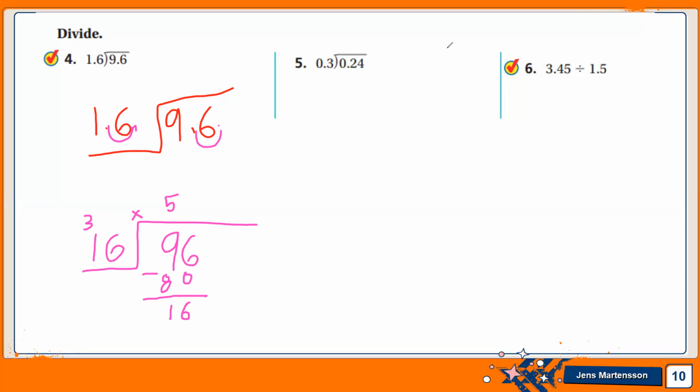So you have to try another number, which is 6. 6 times 6 is 36. Bravo. 9. Bravo. 6 minus 6 is 0, and 9 minus 9 is 0. So the answer is 6.